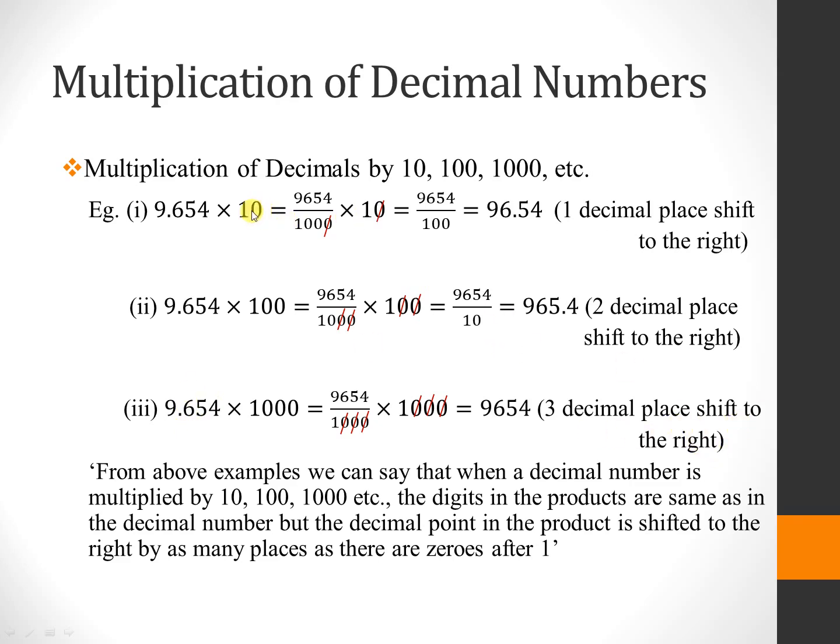That means the decimal shifts to the right by as many places as there are zeros after 1. From the above examples we can say that when a decimal number is multiplied by 10, 100, 1000, etc., the digits in the product are the same as in the decimal number, but the decimal point in the product is shifted to the right by as many places as there are zeros after 1.